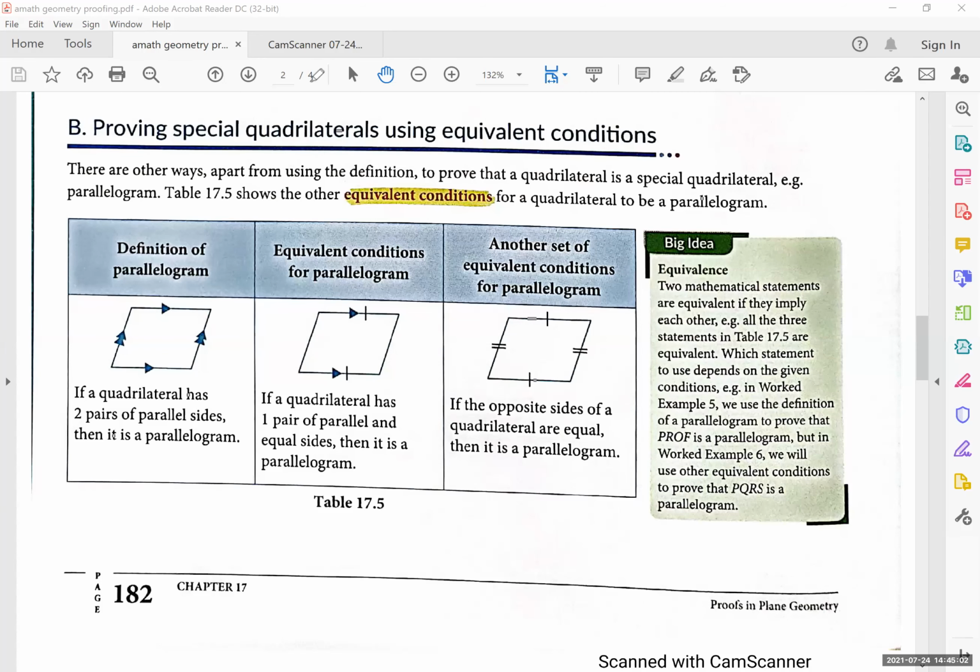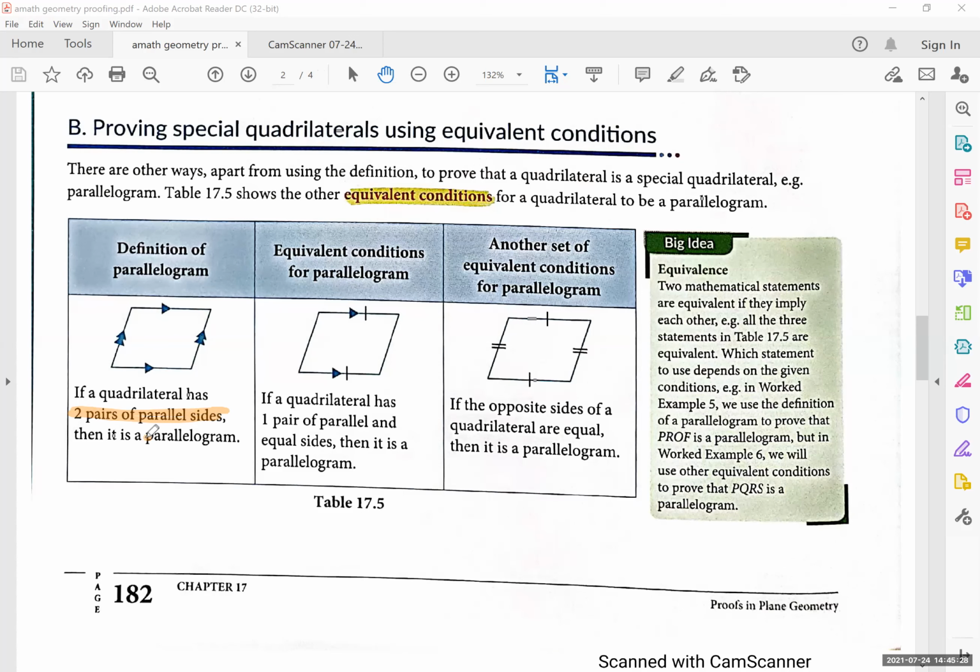All right, so just now remember I was telling you guys that if it's a parallelogram, I know for sure the thing I need to look out for is two pairs of parallel lines. So this is what equivalent condition means. Let's say I tell you, guys, this shape has two pairs of parallel lines. Immediately what comes to your head? Parallelogram.